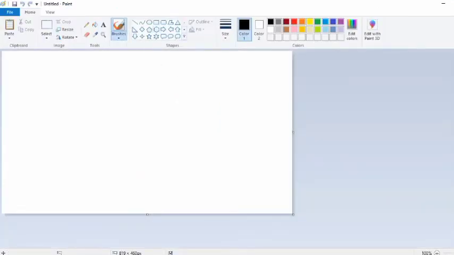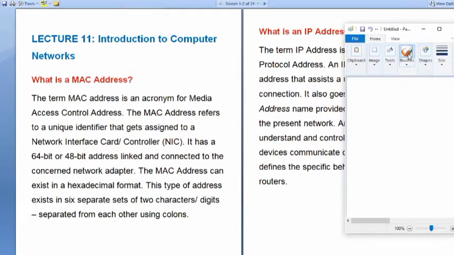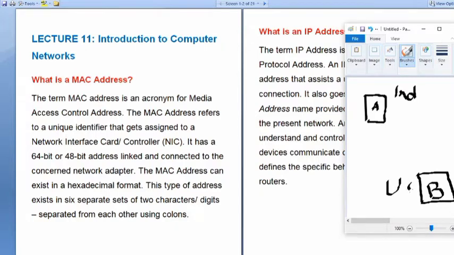Now suppose here is one device, let's say A, and there is one device named B. Suppose this one is located in India and this device is located in the US.